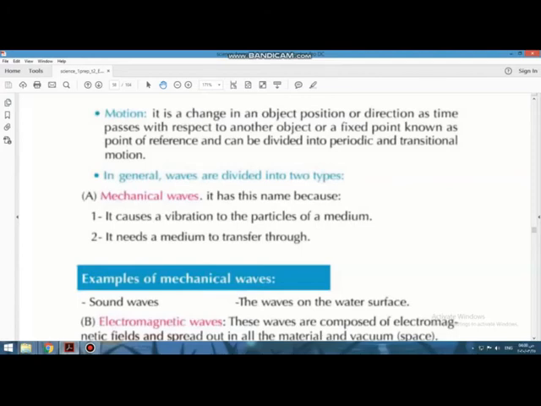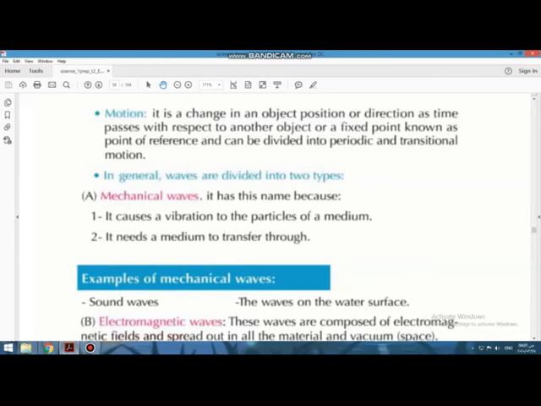The transitional motion is the motion in which the object's position is changed relative to a fixed point from time to time between initial and final position, while the periodic motion is the motion which is regularly repeated at equal periods of time. Examples of transitional motion are train motion and car motion. Examples of periodic motion are vibrating motion, circular motion, wave motion.